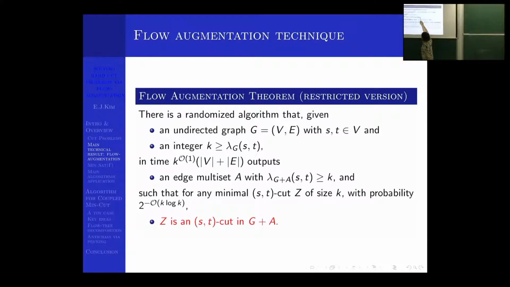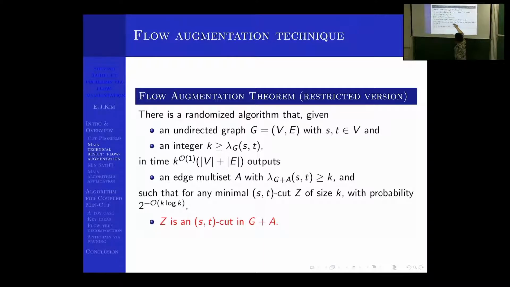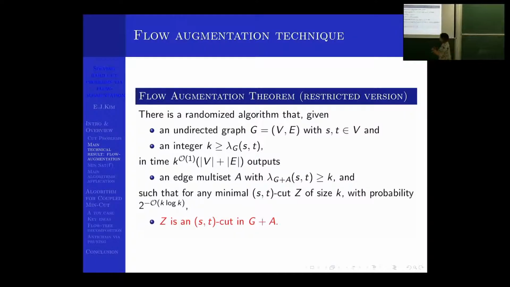So there is a randomized algorithm where the input is a given graph and 2 terminals S and T, and an integer k. This k is supposed to be the bound of the cut that you are looking for.